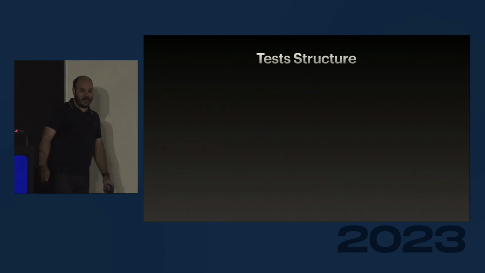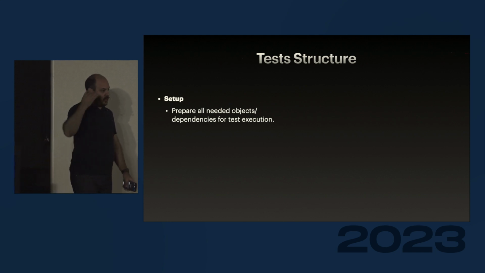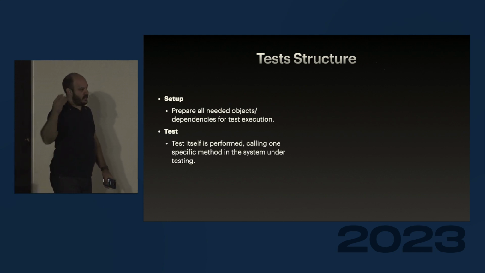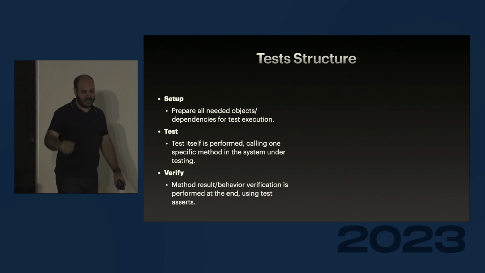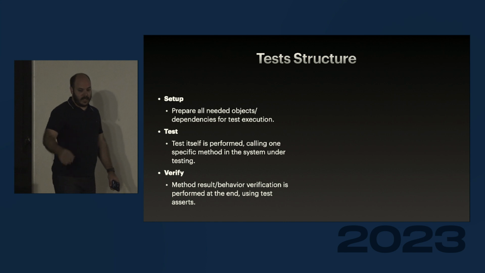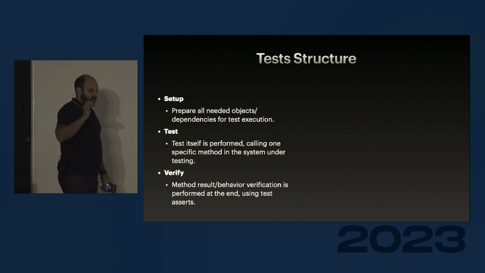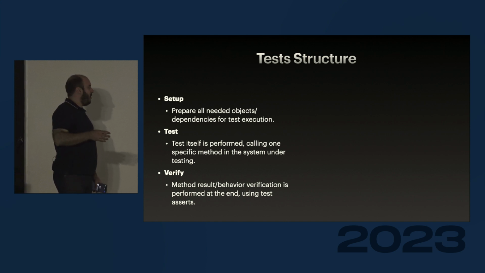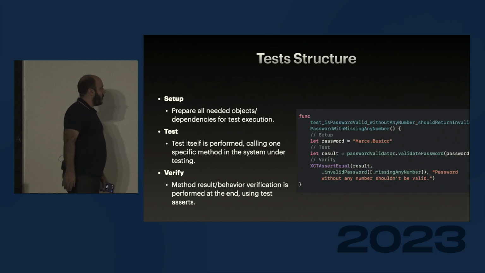Regarding the test structure, I usually implement test cases splitting them into 3 parts in the method itself. I have the setup part, where I prepare all the dependencies for the test execution, the test part, which is the test itself, and the verification part, which is where I have the asserts. Here is a really quick example.